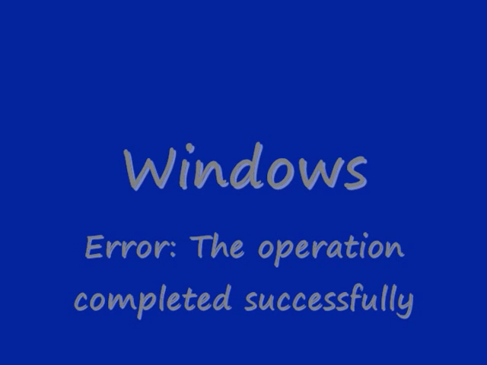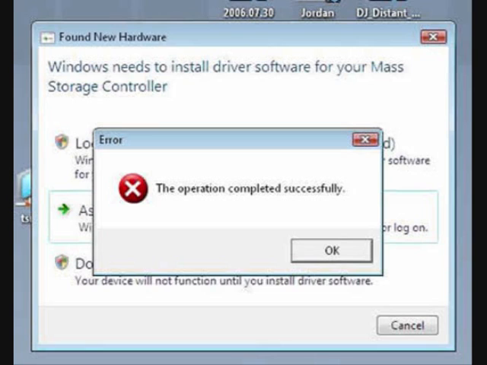Another error that's seen in Windows, and this one's a little funny, is that when you get presented with an error dialog box and it tells you the operation completed successfully. Now, what causes this is that when an error dialog box appears, it's supposed to run a command that reads GetLastError.